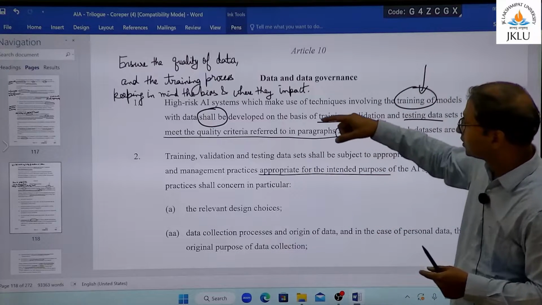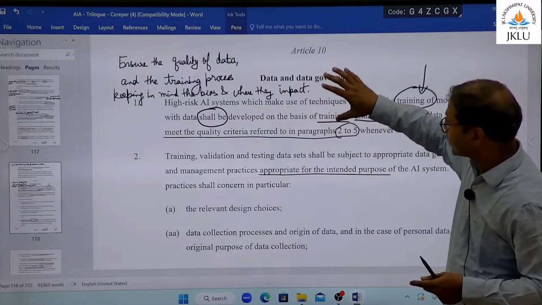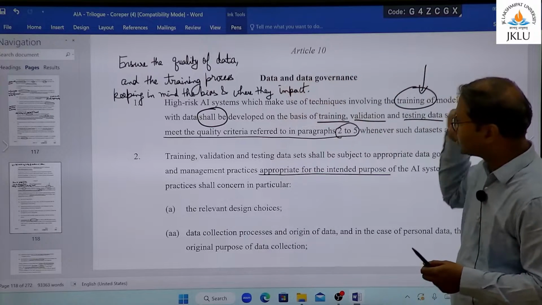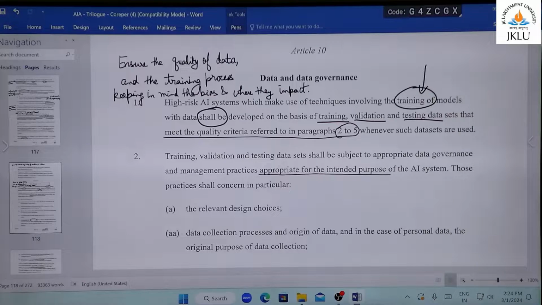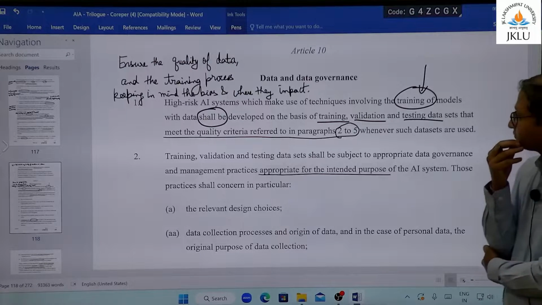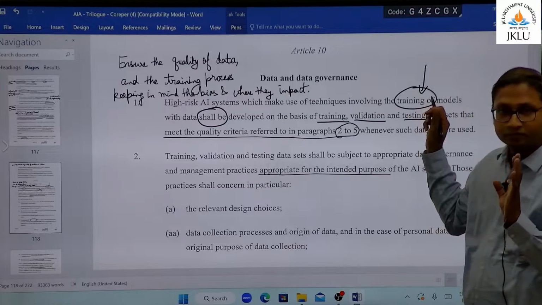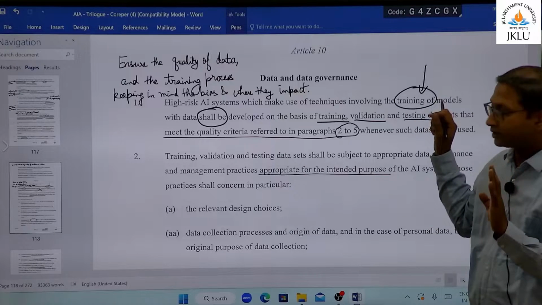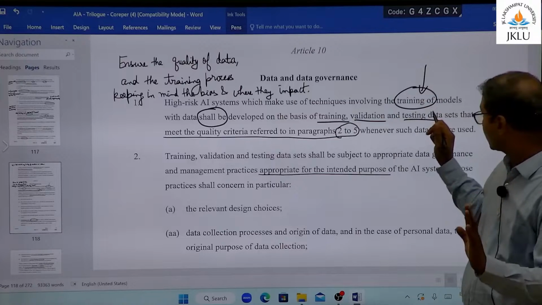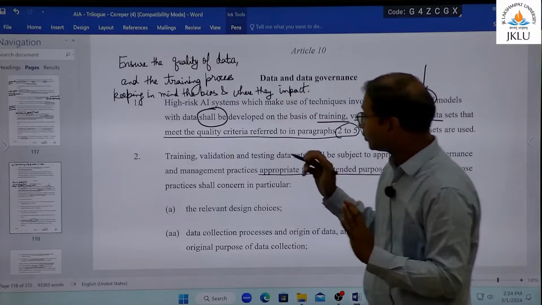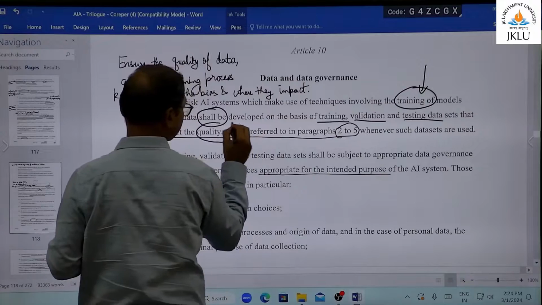So what is this whole thing saying? This first paragraph? So if you are building your AI through training, you should have all these 3 kinds of data sets, and they have to meet the quality criteria.